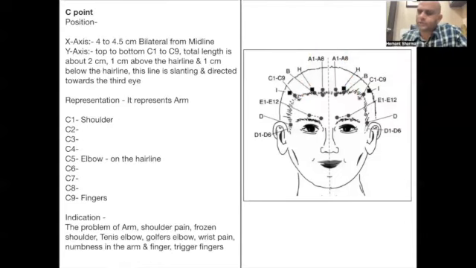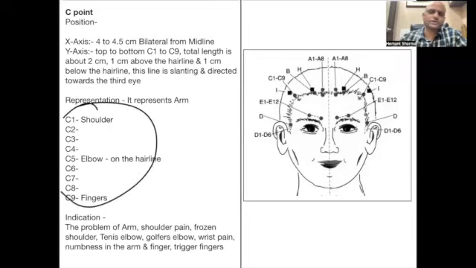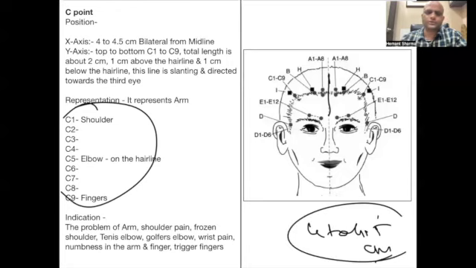Then finally, we talk about the C point. Regarding the C, we need a little more explanation because there are further subdivisions of the C, C1 to C9. So the subdivisions will be discussed in the next class. But today I will tell you that from the midline, if you go 4 centimeters away, that is the C point. So 4 to 4.5 centimeters away, that is the C point. The C point represents the arm, meaning shoulder to arm.